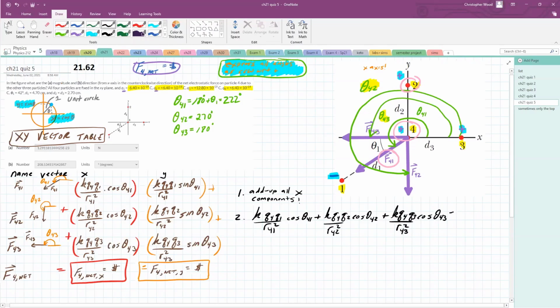And what does that equal? That's going to equal the net force acting on particle 4 in the x dimension.